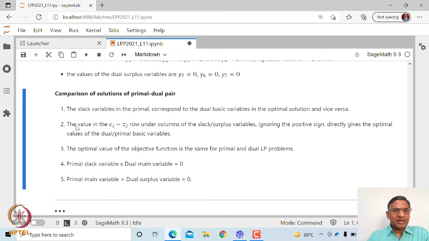Similarly, look at the values Cj minus Zj, that is the cost coefficient row, under the columns of the slack or surplus variables.